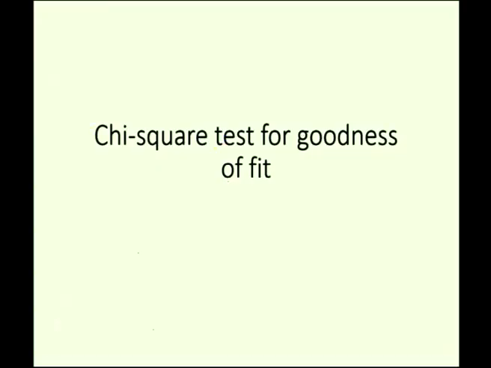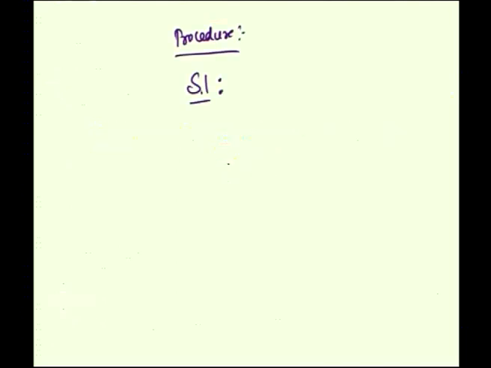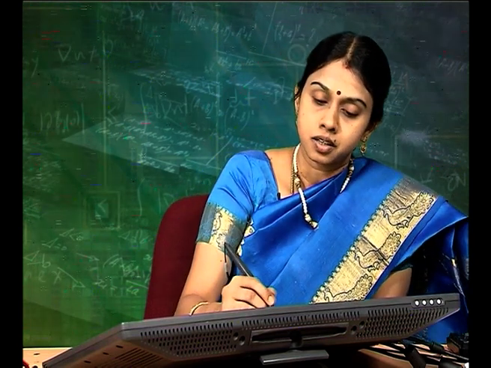So, the procedure for the chi-square test for goodness of fit is the usual procedure, but here the setting up of H naught only will vary. Usual procedure of step 1 null hypothesis and step 2 alternative hypothesis, step 3 level of significance, degrees of freedom, and then step 4 computation part, step 5 is conclusion part.